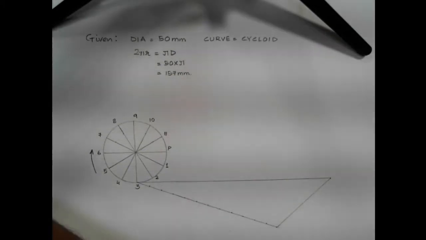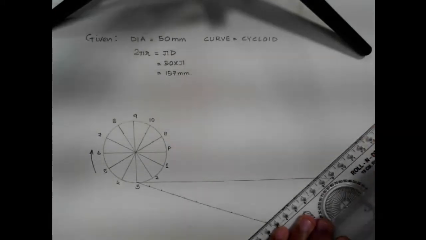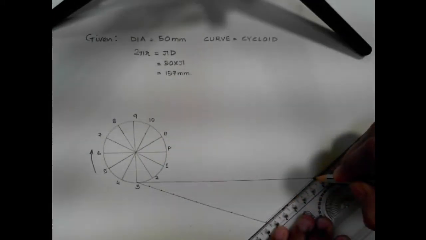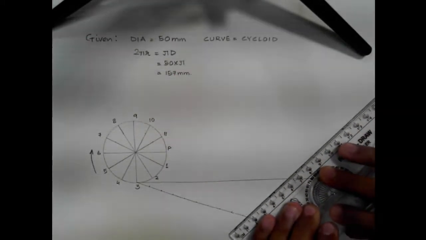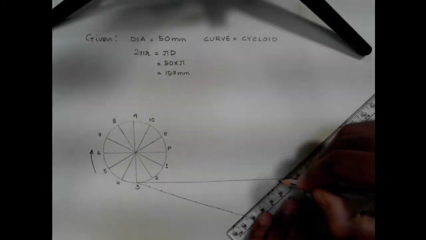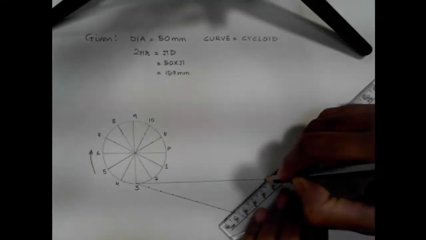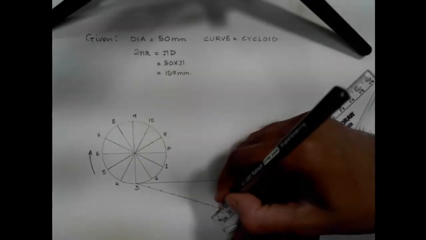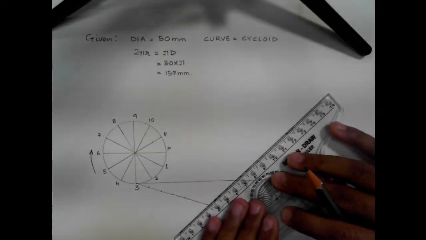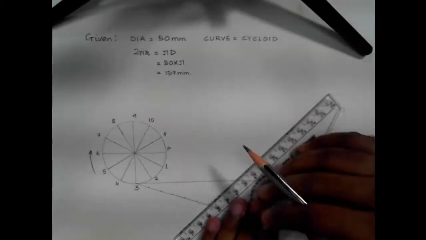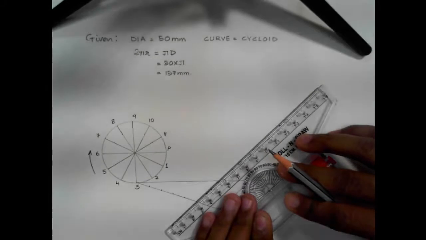Now take the roller scale and draw parallel lines to denote those divisions on your pi d. You should be very careful while using the roller scale, because your divisions should be accurate.